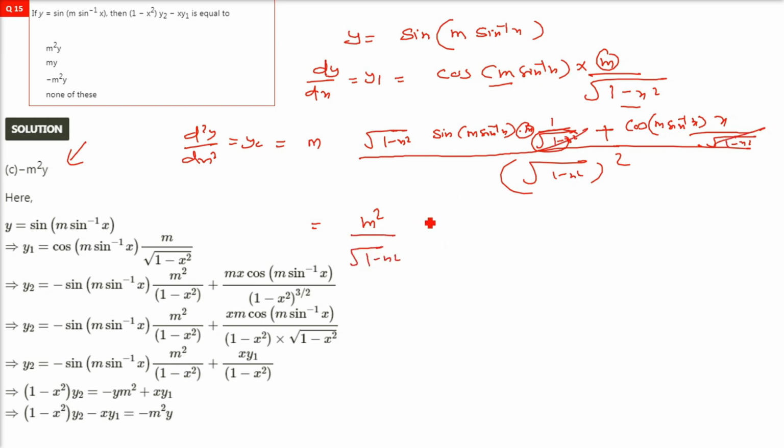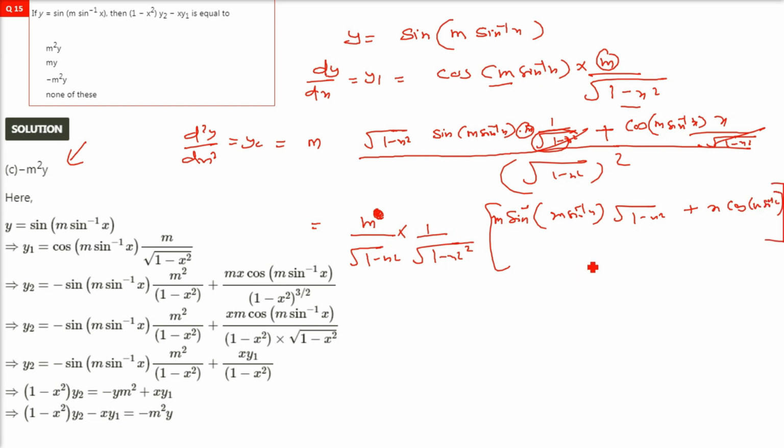So I'm taking the first term, m square, with under root 1 minus x square and under root 1 minus x square, because it was under root 1 minus x square whole square only. I'm just trying different stuff. So we have m into whatever is inside: m sine inverse x under root 1 minus x square plus x cos m sine inverse x.